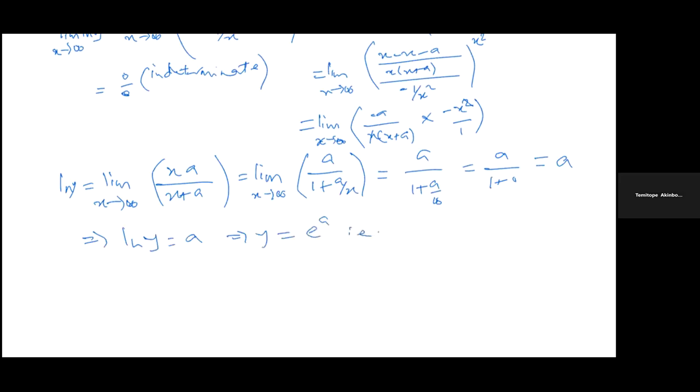Don't forget, y is our f of x, which is (1 + a/x)^x, equals e^a. Hence, the limit as n tends to infinity of (1 + a/n)^n equals e raised to power a. End of proof. Thank you.